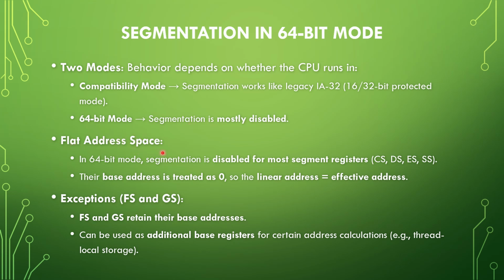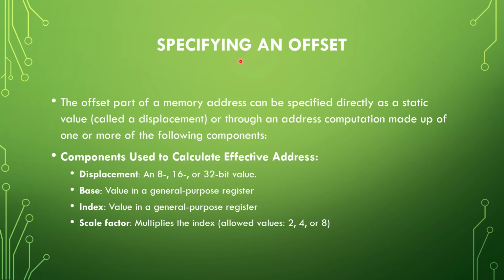Now, coming to the flat address space: in 64-bit mode, segmentation is disabled for most segment registers and the base address is treated as 0, so the linear address is equal to the effective address. There are certain exceptions in the case of FS and GS, which retain the base address. These are the extra registers used in segmentation and can be used as additional base registers for certain address calculations.